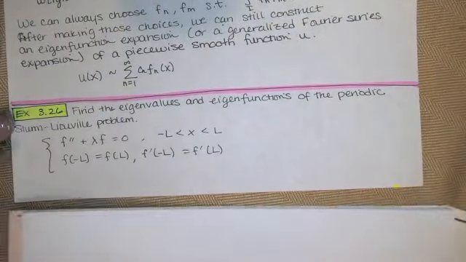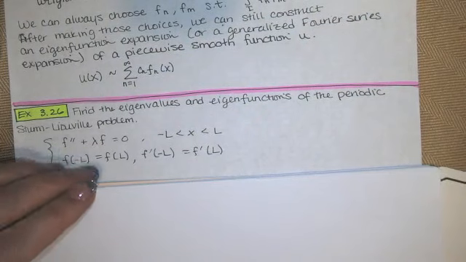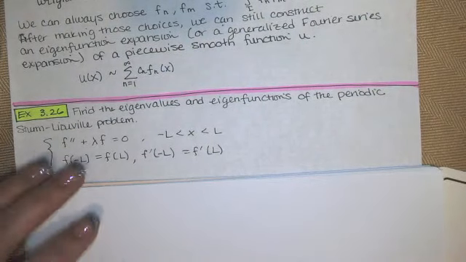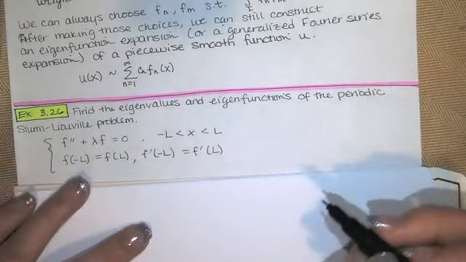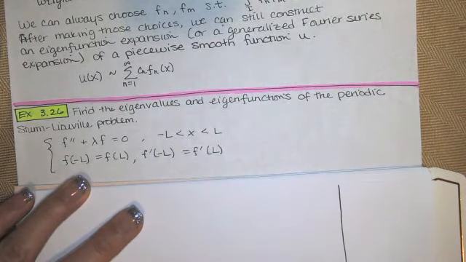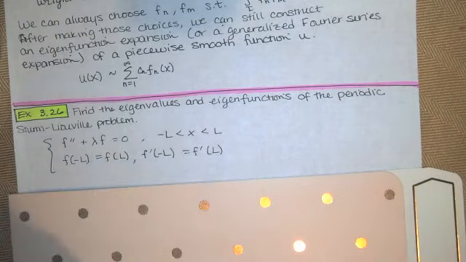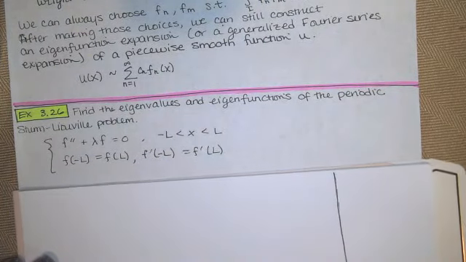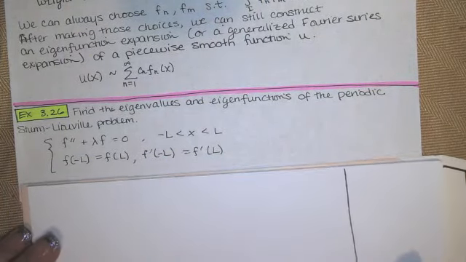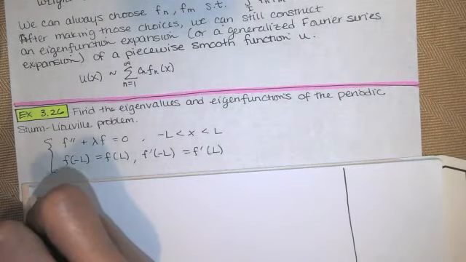All right, so we'll solve this problem in the same way that we solved the other regular Sturm-Liouville problems, from first principles. We will start by solving the differential equation and then looking at the various cases for different values of lambda. Just like if we were to solve an initial value problem in an ODE class, we would start by solving the differential equation.